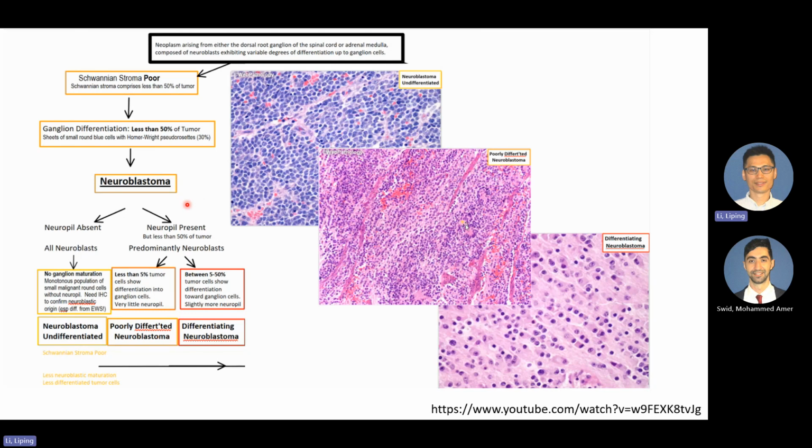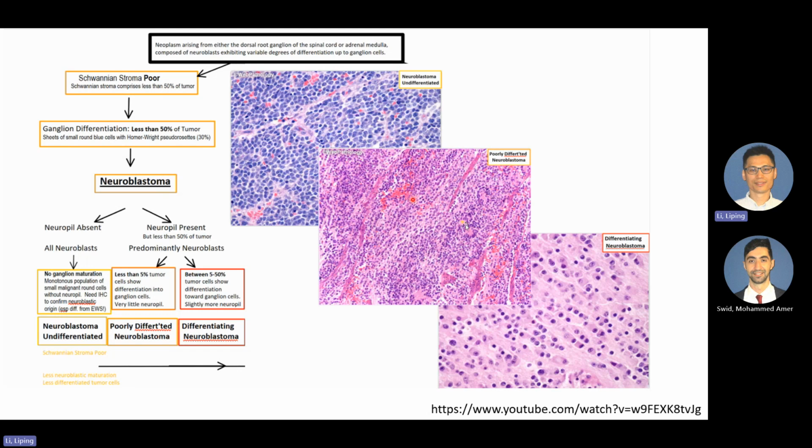They can also subdivide it into these 3 categories. The first one is undifferentiated. That means all of the cells are neuroblasts with minimal cytoplasm and hyperchromatic nuclei.